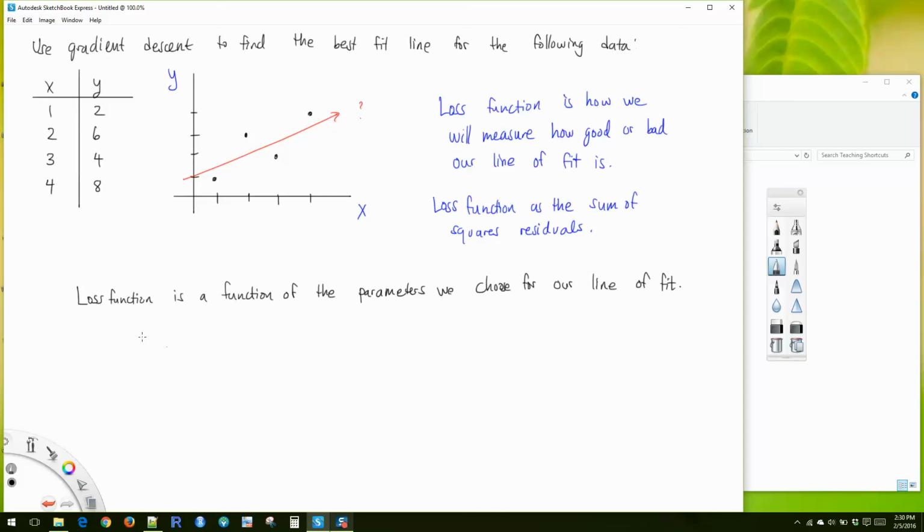Our line of fit has two parameters, basically an intercept and a slope, so we'll use our traditional notation of B0 and B1.